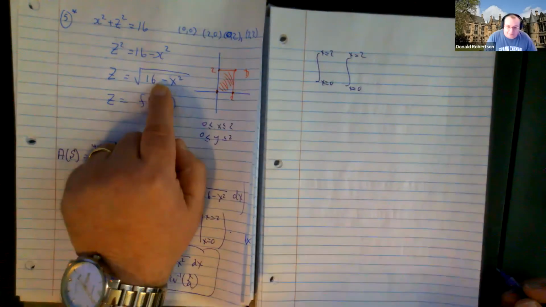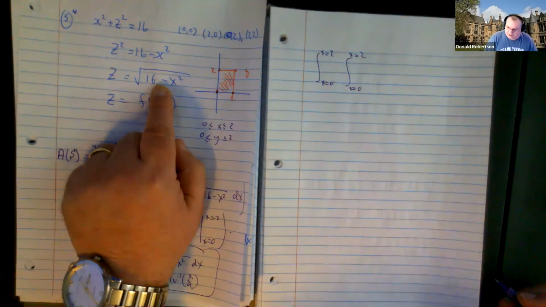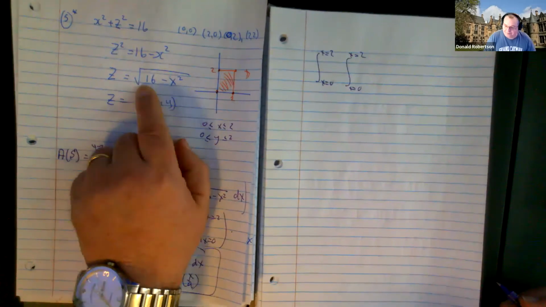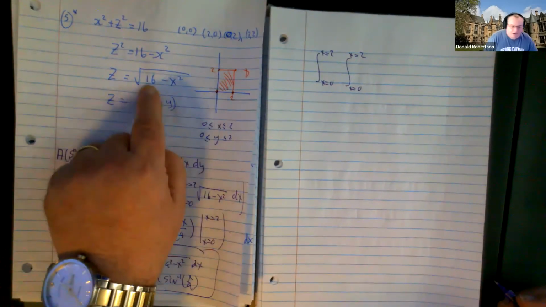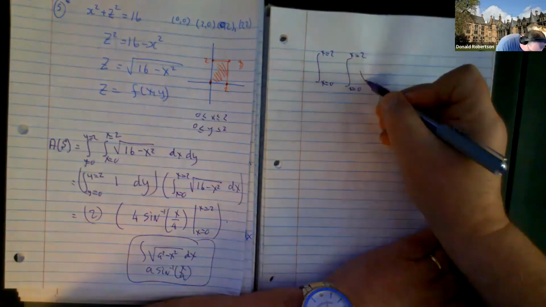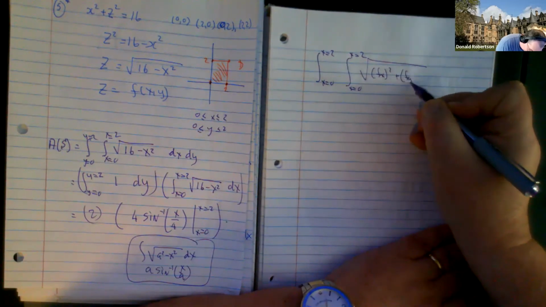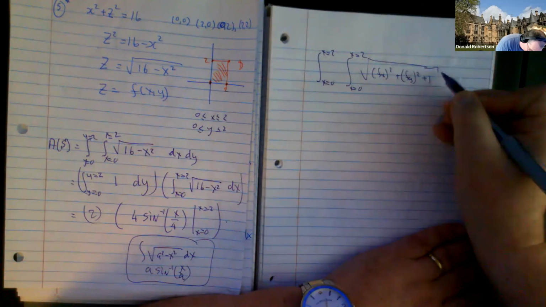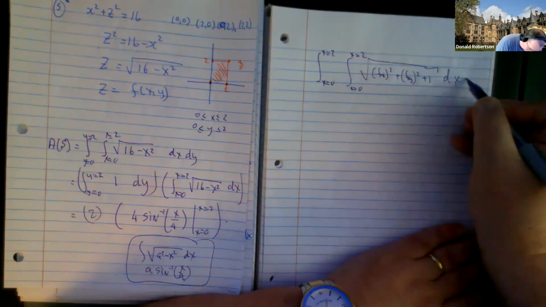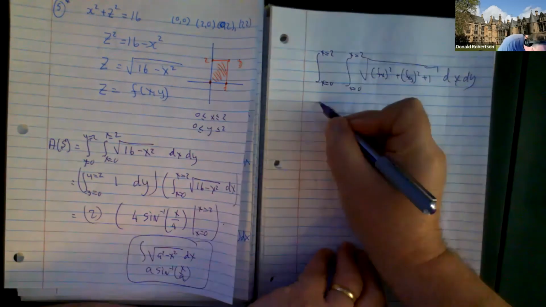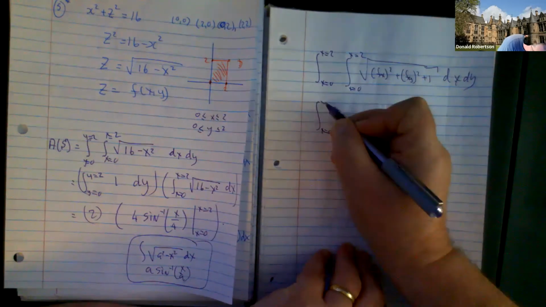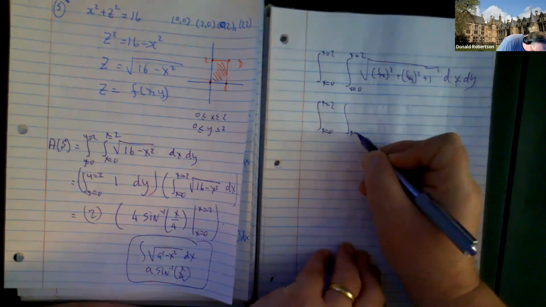Let's differentiate this guy with respect to x, right? If you differentiate, because the question is that guy squared plus 1, right? Okay. Now let's put in Maggie's information.